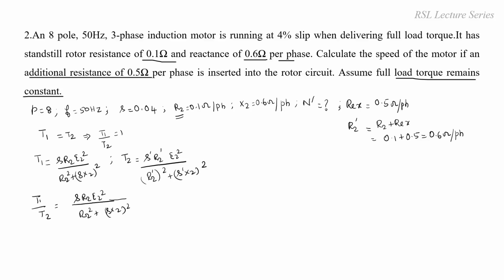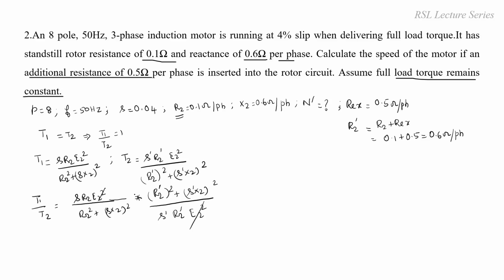If we divide this equation by T2, we can multiply with the reciprocal, where the denominator goes to the numerator: R2 dash whole square plus (S dash X2) whole square divided by S dash R2 dash into E2 square. So E2 square will get cancelled.